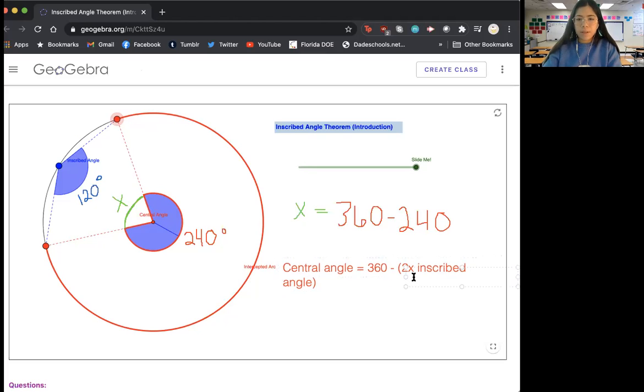Okay, there you go. So the central angle is 360 minus 2 times the inscribed angle. I'm going to write this on the other screen as well. So do I have any questions on that?